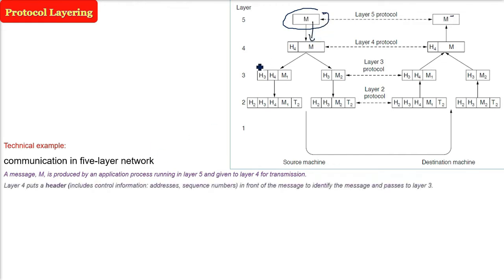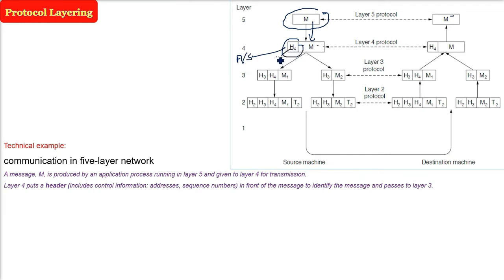The layer 4 will add a header, say H4. It will contain the addresses where it has to go, the sequence number if the packets are divided, and so on. Now this will be sent to layer 3.